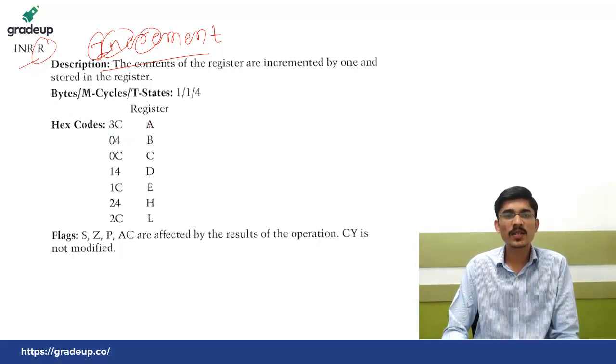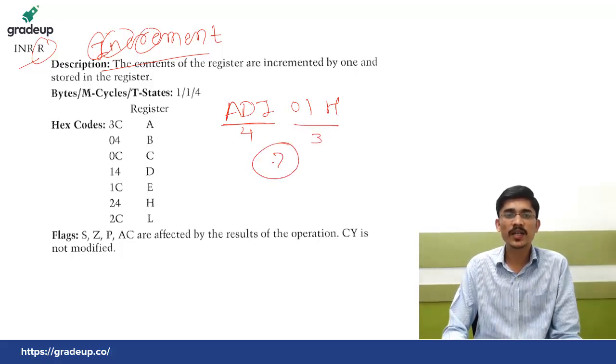The possible registers are A, B, C, D, E, H and L. Suppose you have to increment the contents of the accumulator by just 1. Either you can do that with add immediate 01H, but you can understand that it will require 4 T states plus 3 T states, so 7 T states will be required for the simple increment.